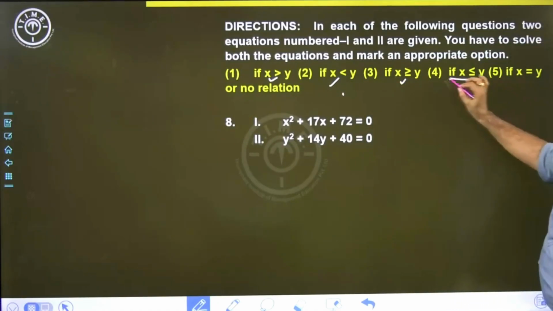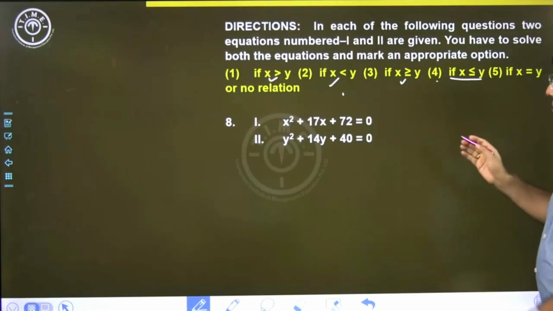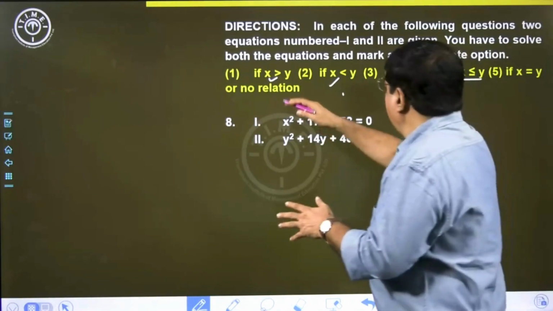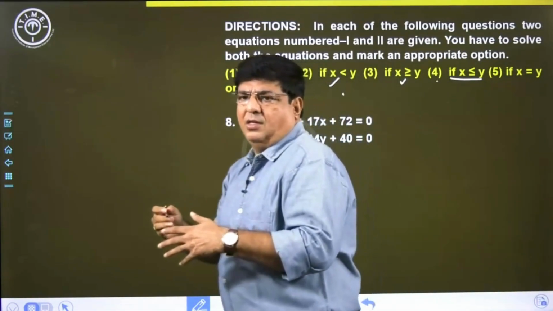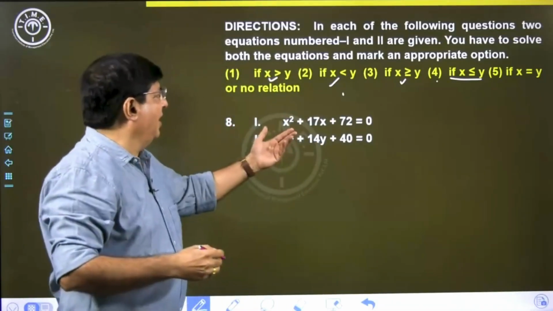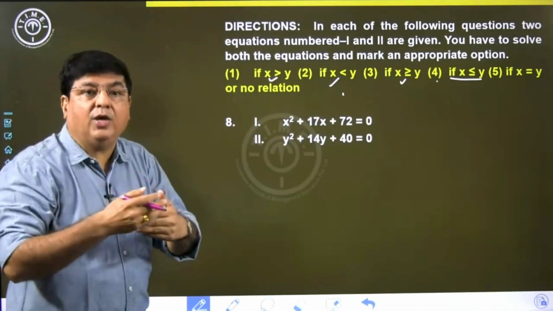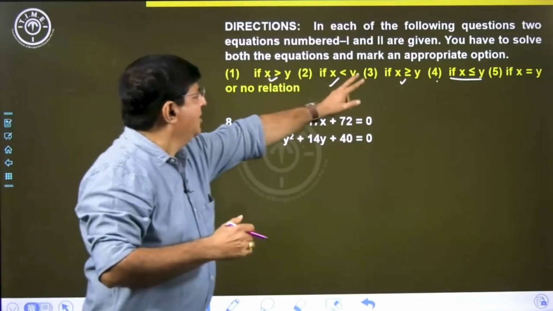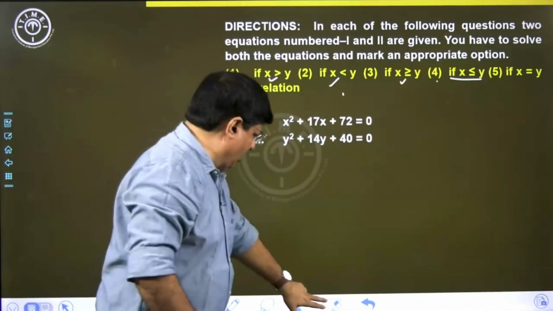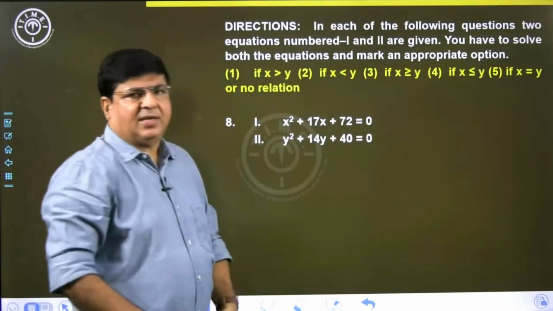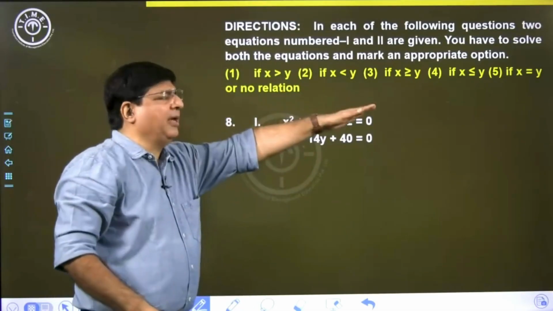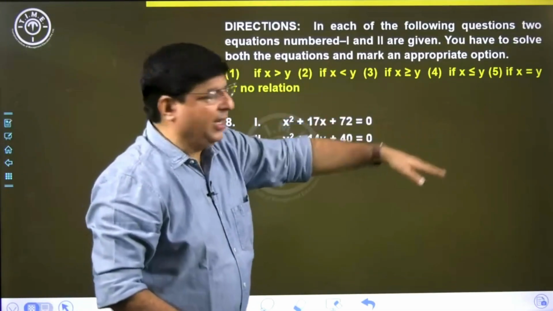X less than or equal to y you will mark 4. In the first questions, the directions were slightly different. X greater than y you marked 1, x greater than or equal to y you marked 2. So here it is just an interchange of choices, which should not make a difference as long as you solve the problem and compare the roots and mark the appropriate answer choice.